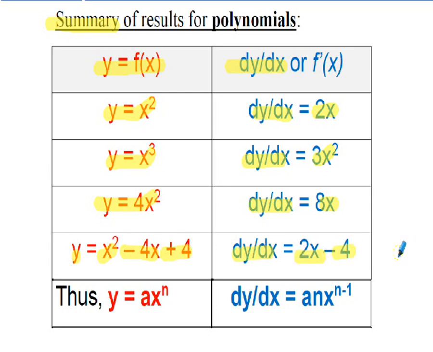What you notice is they all follow the standard pattern. Given y equals ax to the n, our polynomial, they all differentiate to the form dy by dx equals a times n times x to the n minus 1.